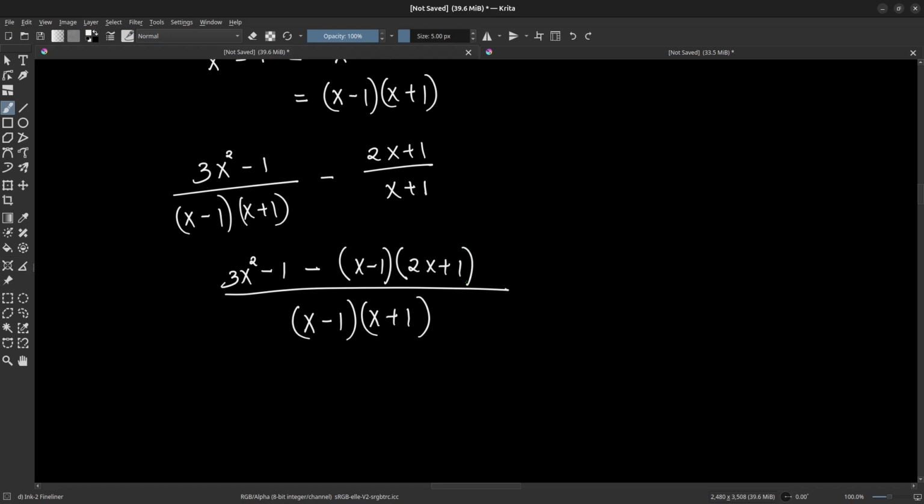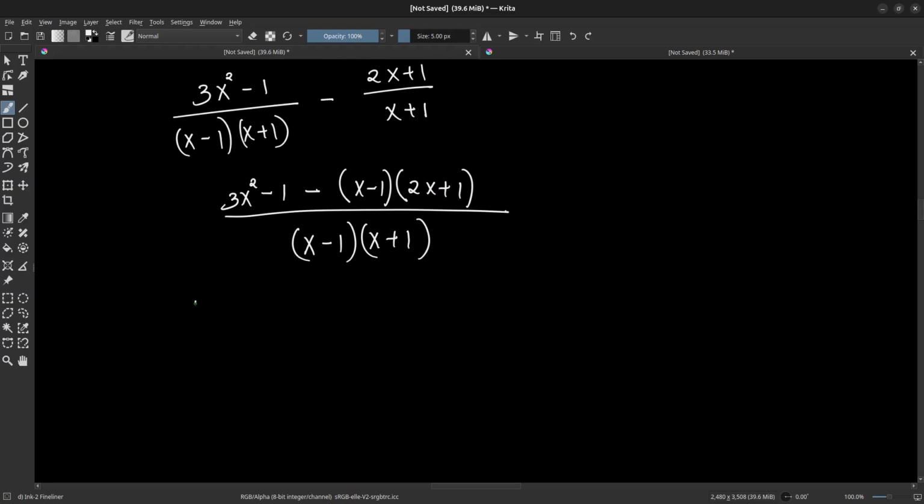Now we have to expand this: x minus 1 times 2x plus 1. This is x times 2x, that is 2x squared, and then x times 1, that's plus x, and then negative 1 times 2x, that's minus 2x, and then negative 1 times 1, that's minus 1.